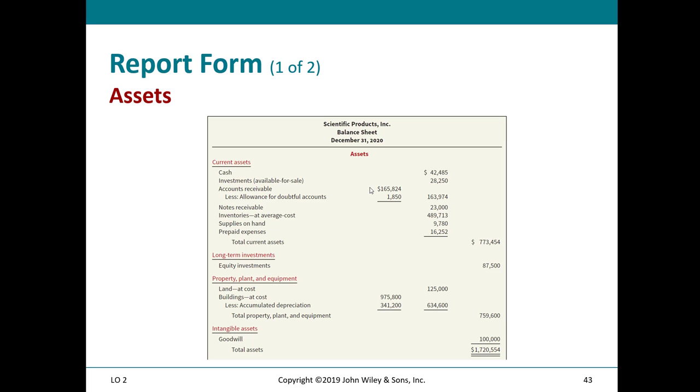So this is what a report form looks like. So you can see on the assets section, first come our current assets, then our long-term investments, then comes our property, plant, and equipment. After property, plant, and equipment comes intangible assets, and this company has no other assets, so we see that our total assets is the sum of the subtotals for current assets, long-term investments, property, plant, and equipment, and intangible assets.